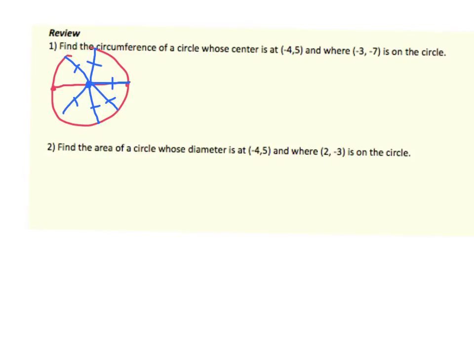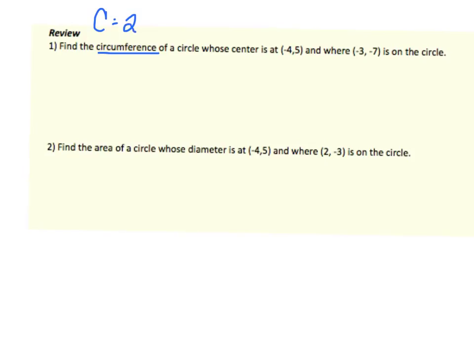So in number one, find the circumference of a circle whose center is at (-4, 5) and (-3, 7). Circumference, remember, we could find using 2 pi r, or we could say pi d.